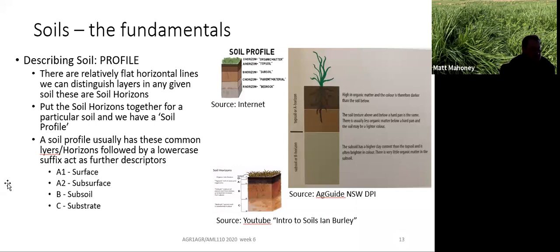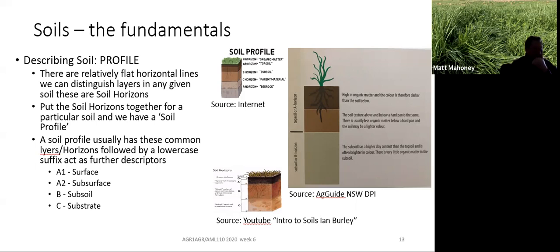There can be a little bit of undulation up and down, but these flat layers are what we call horizons. Depending on what country you live in, some areas have more horizons than others, but mainly in Australia, we sort of split it between the A and B horizons.